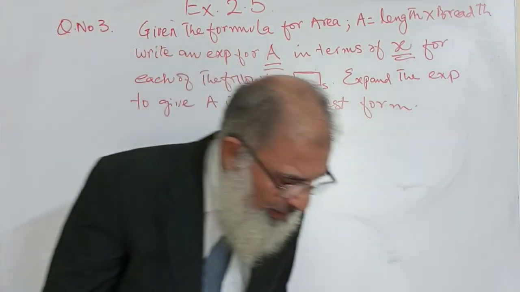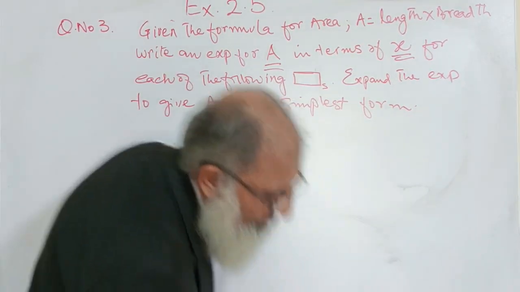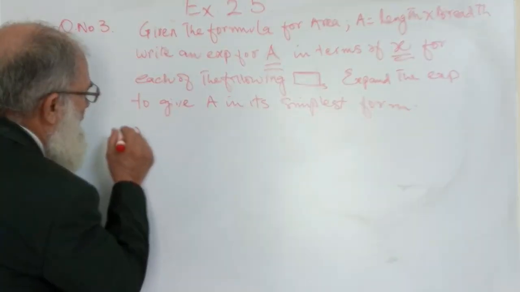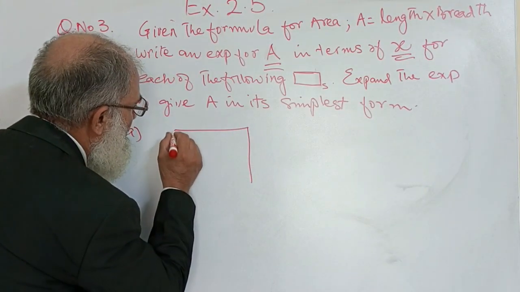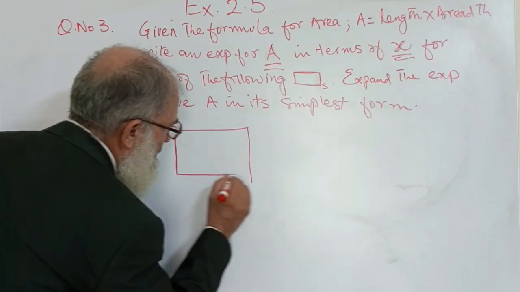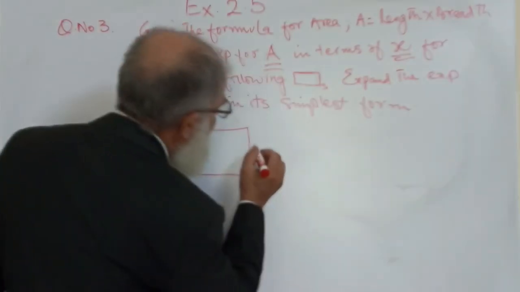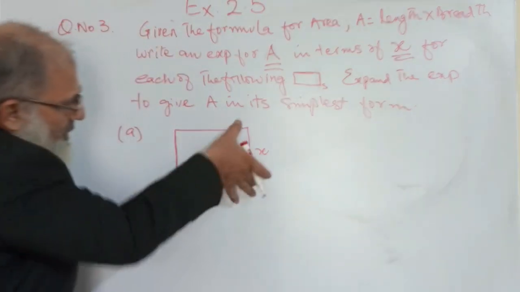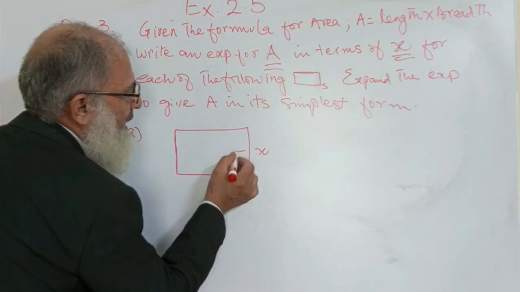Now, for A, what we are given is a rectangle, whose one side is x. This is the shorter side, and the shorter side is always breadth.